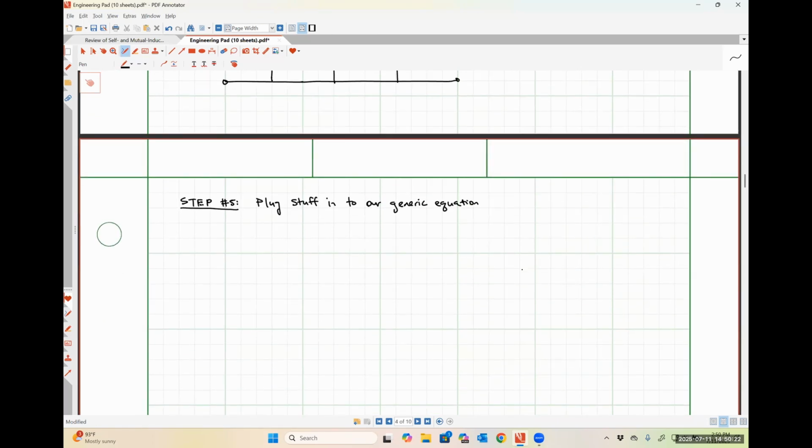To remind you all, our generic equation is: y total is equal to y at 0 minus for t less than 0 minus, and it's going to be y at 0 plus minus y at infinity, times e to the negative t over tau, plus y at infinity for t greater than or equal to 0 plus.